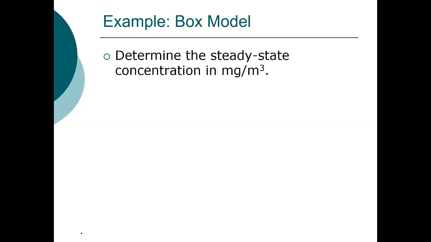So how do we get Q sub S? We have 250,000 vehicles, each vehicle is traveling 40 kilometers. Each vehicle is emitting 4 grams of carbon monoxide per kilometer driven.